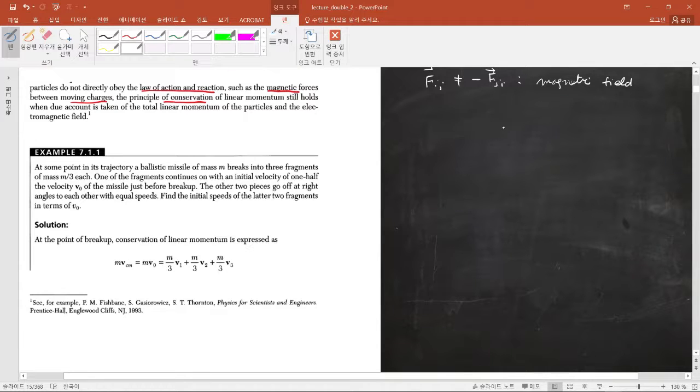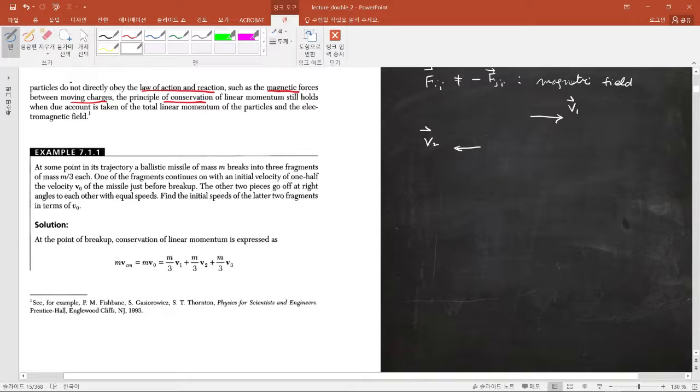For example, suppose the charged particles are both positively charged, and let's assume they are always positively charged for this discussion, moving in opposite directions. Let me make it clearer: they move in opposite directions, simply, with velocities V1 and V2.